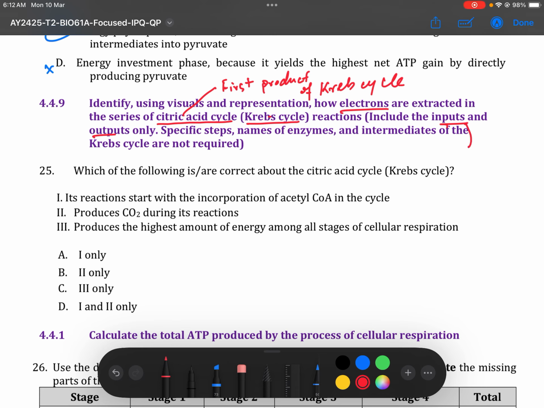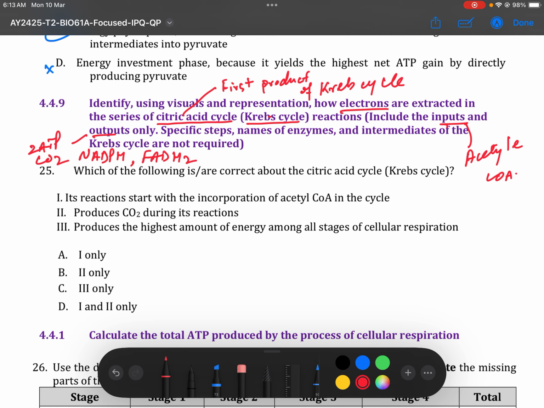What is the input? Acetyl CoA is the input, and the output is 2 ATP, CO2 and NADPH and FADH2, along with the 4 carbon molecule, which will be the last product of the Krebs cycle.